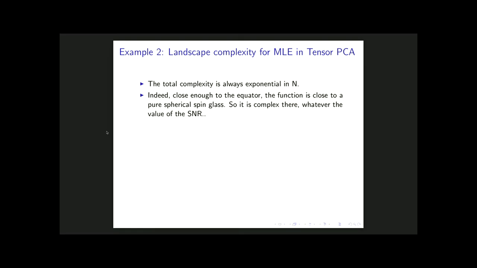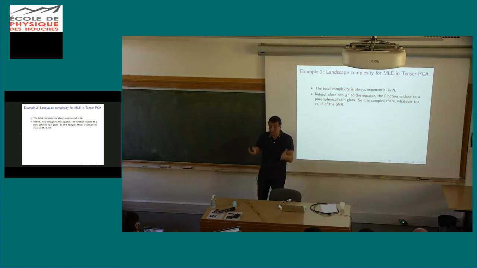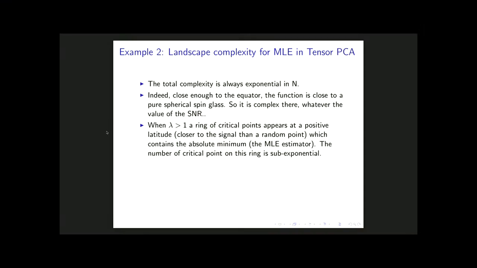And this is what I was saying. For this model, the picture I was giving you, you cannot get rid of the critical points that are around the equator. The ones that are in the mediocrity phase, they are always there. This function will not trivialize in the sense that all this will disappear, whatever the strength of the signal, essentially. And so there is a value, with the normalization I had here, which is 1.